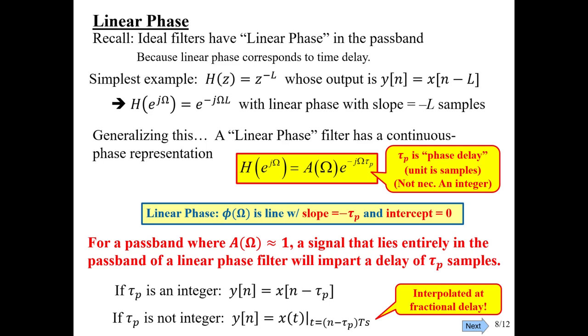So here is how we think about it. We take the x of n and we imagine it being reconstructed to its perfect ideal x of t. Claude Shannon tells us we can do that. So whatever that reconstructed x of t is, we then imagine resampling on a new grid. That grid is shifted by tau sub p samples, non-integer in this case, and then multiplied by the sampling interval.